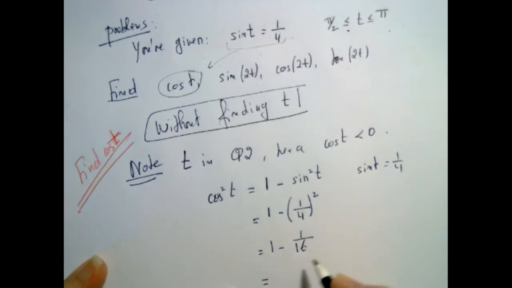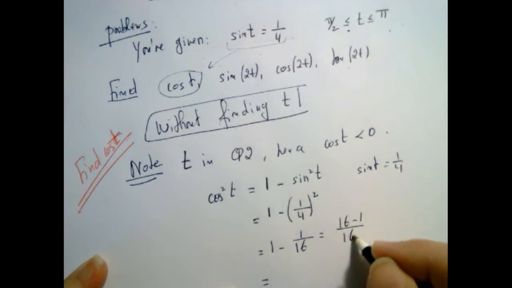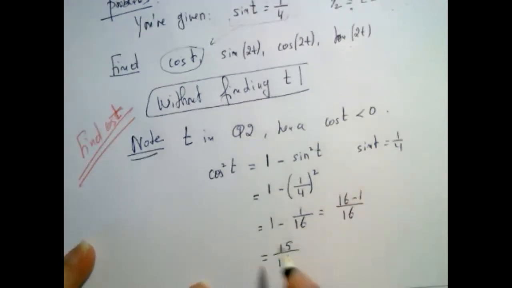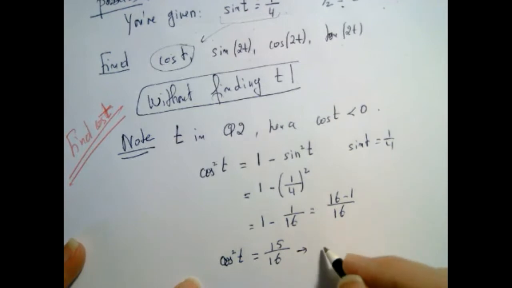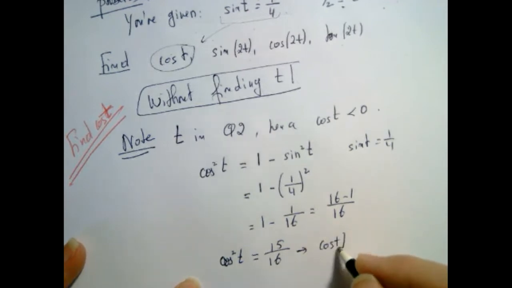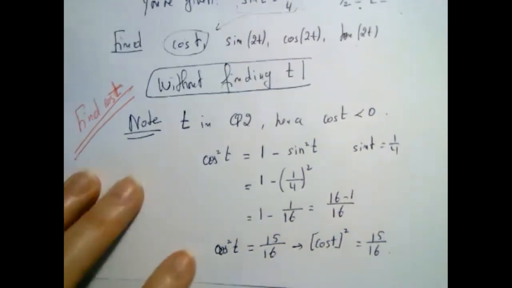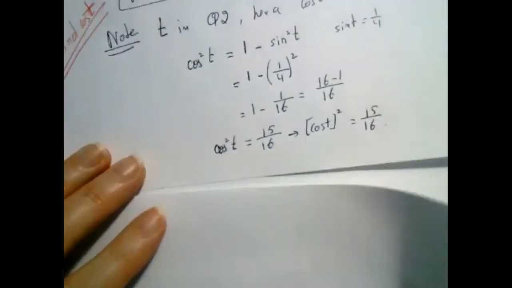Now a common denominator of 16 gives me 16 minus 1 over 16, which is 15/16. So that's the cosine squared of t. If you take the cosine and square it, you get 15 over 16. So this will give me the cosine. As I said, the goal for those problems is actually to practice the identities.